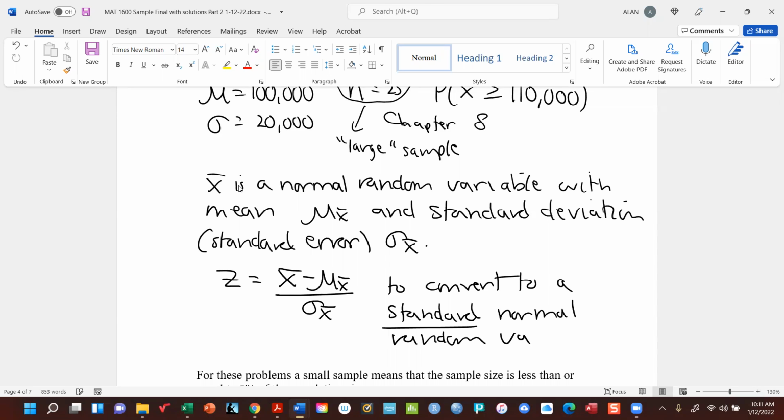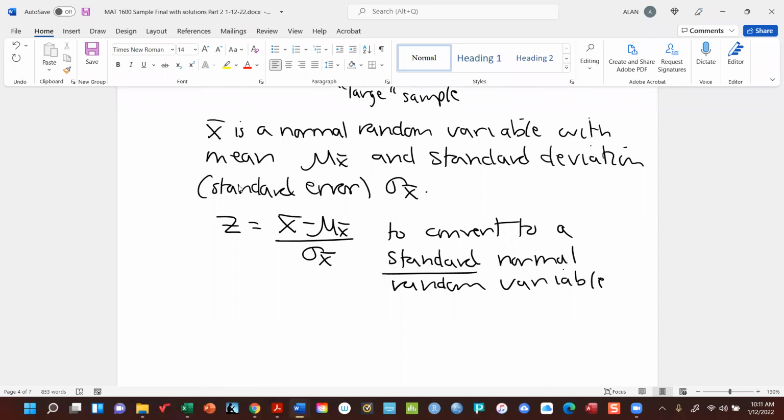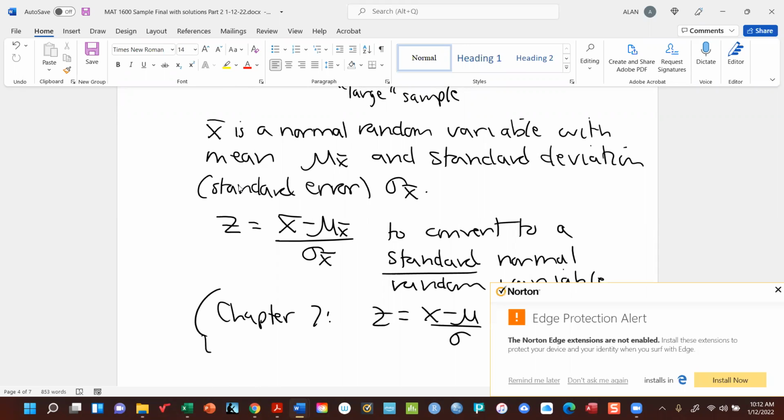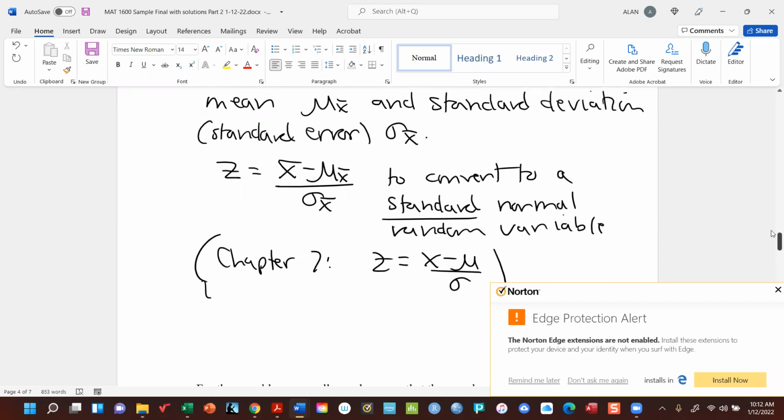And you can see it's exactly what we were doing in previous chapters. It's just that the calculations are a little different. In other words, just a quick reminder, in chapter 7, we used this formula. So it's the same thing. You're just subtracting the mean and dividing by the standard deviation, but the definitions are a little different.